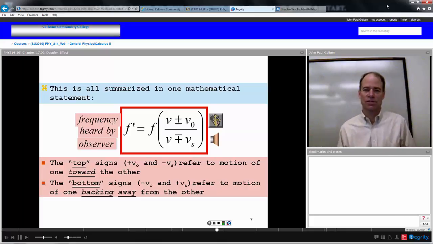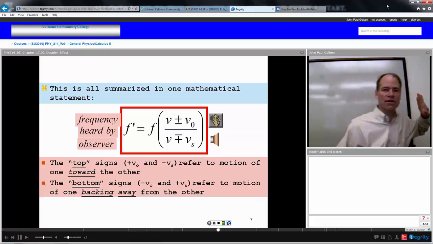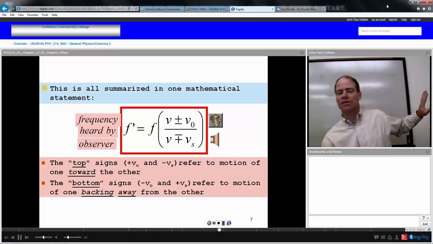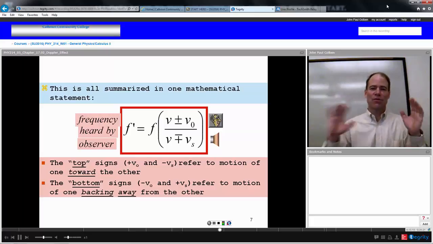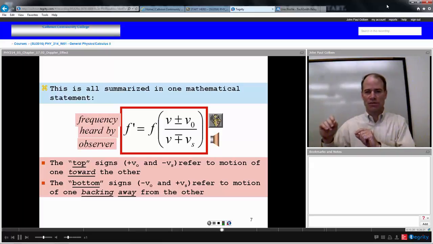Same thing with the source. Put yourself in the shoes of the source, and if the observer is somewhere over there, if I'm moving in that direction, I'm moving toward. And if I'm moving away from that direction, I'm backing away. So even though the relative motion of the two could actually be larger, we have to think of the individual combatants in this and put yourself in their shoes individually and see what they're trying to do as far as using this equation properly.